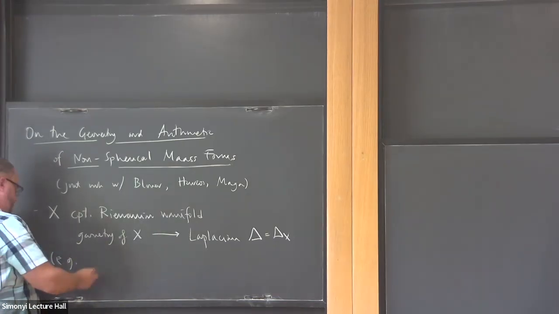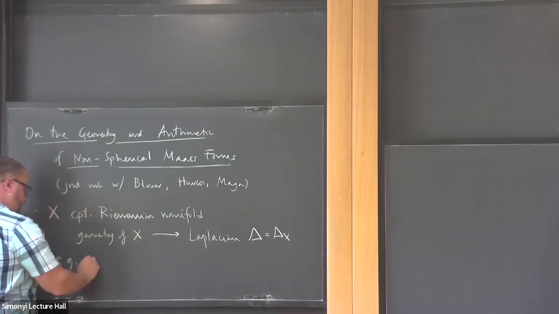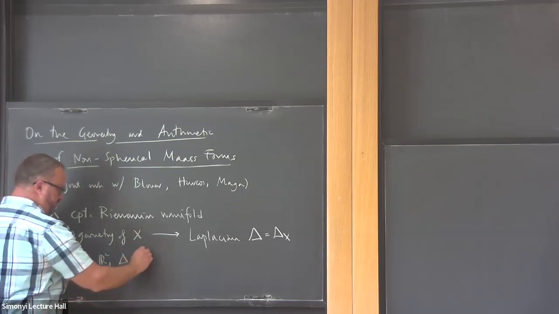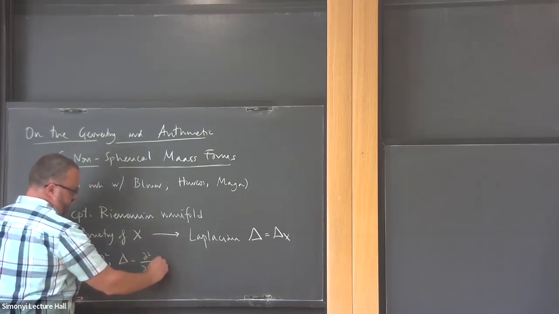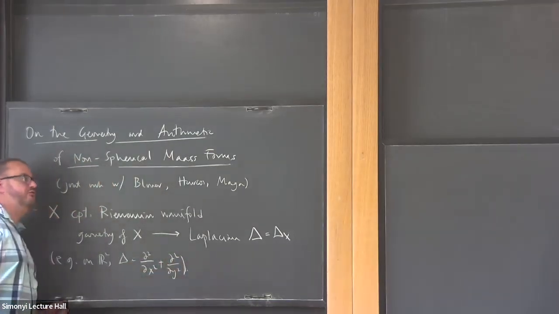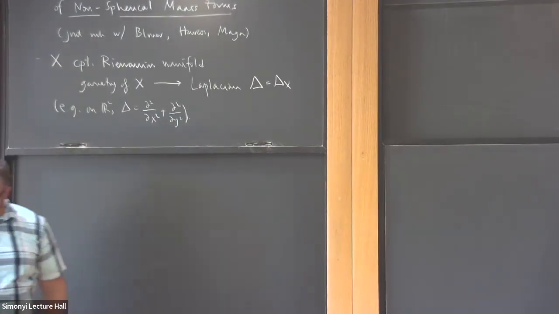If you literally take compact quotients of R squared, then you would see the Laplacian del squared by del x squared plus del squared by del y squared. If you've taught multivariable calculus recently, this is the one you've seen.